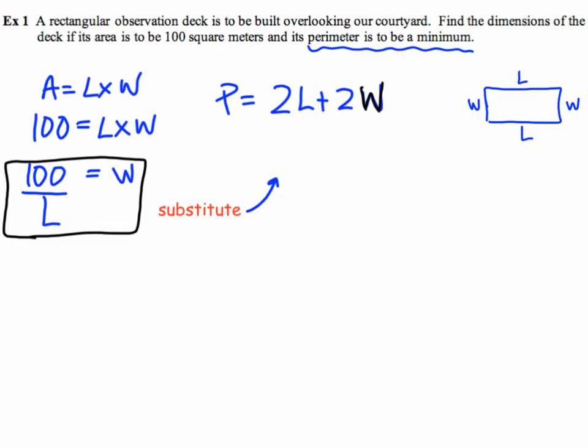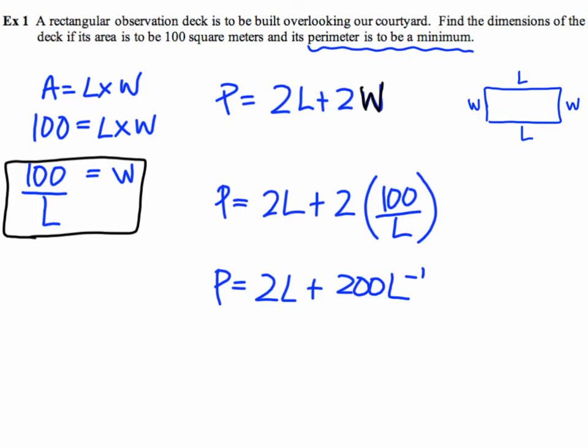So where I have the W highlighted in black, I'm going to place 100 divided by L. And since L is in the denominator, I move it into the numerator with the exponent -1. So now my perimeter equals 2L plus 200L to the -1. And you can see here that I have one variable.